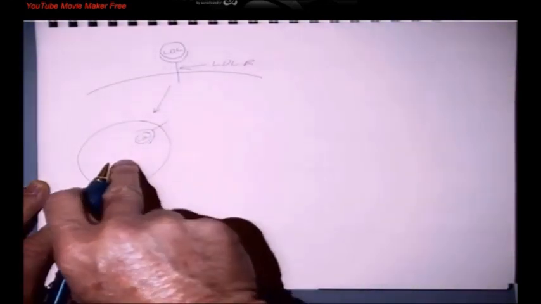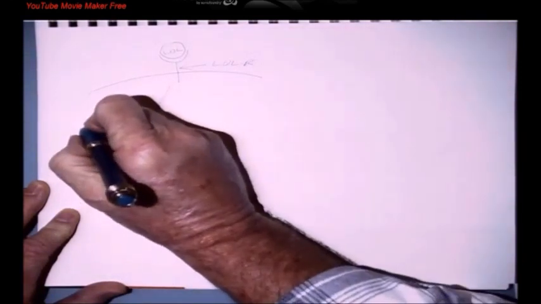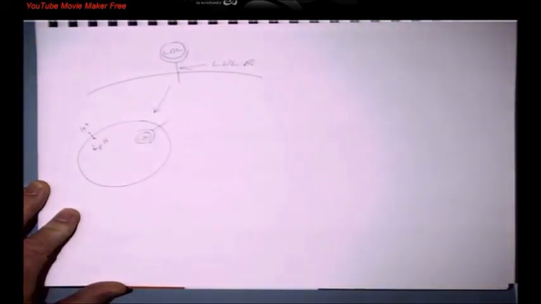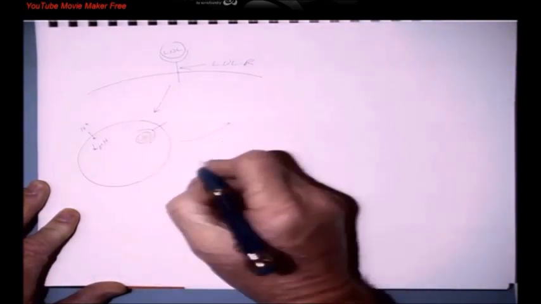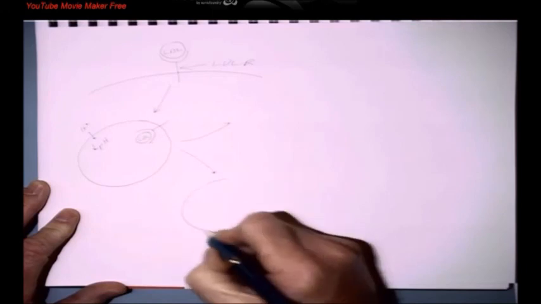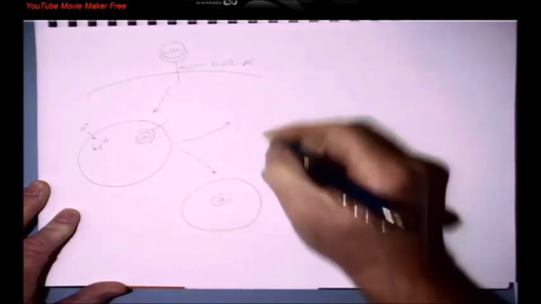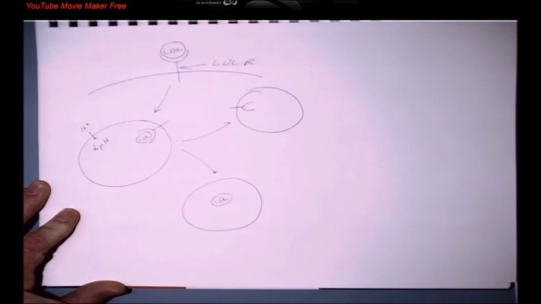What happens at this point is that these vesicles become acidified. Lysosomal vesicles become acidified, and the LDL dissociates from the receptor, which will give us two compartments, one with LDL in it, the other one with the unassociated receptor.